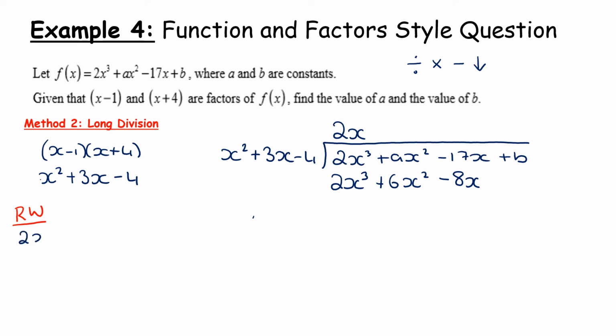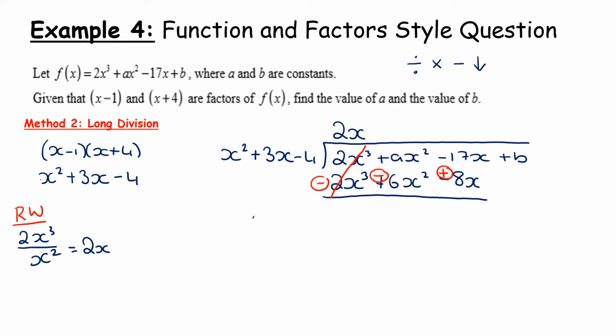So the division was 2x cubed divided by x squared, which gave us that 2x. The multiplication is then 2x multiplied by each of the three terms. We then have subtract. Now, when we're subtracting, that effectively is a change of sign, because if I subtract a negative, it becomes a positive. So what should happen is those first two terms should cancel each other out. We should go to 0. And we're left then with the rest to work with.